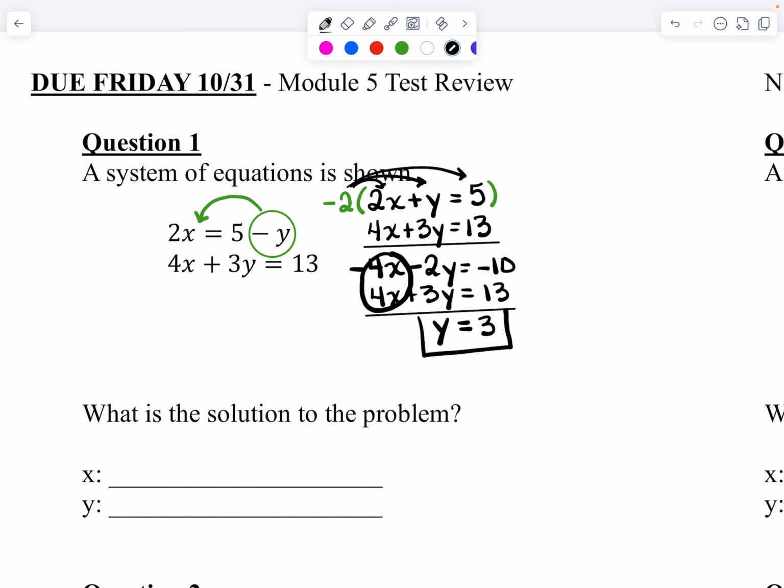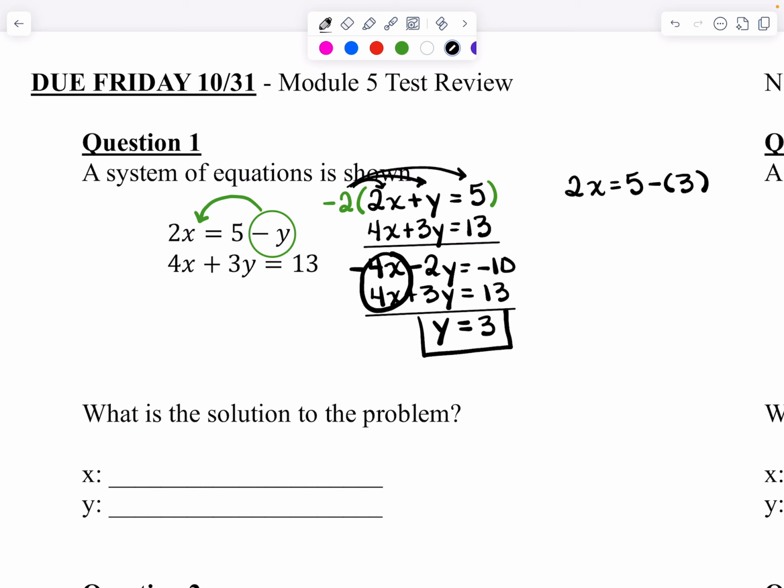Now to look for x, I can use either equation. Equation A, equation B, it doesn't matter. Most of the time though, we're going to go with equation A. So let's go ahead and use equation A. So I have 2x equals 5 minus y, and our y value is 3.